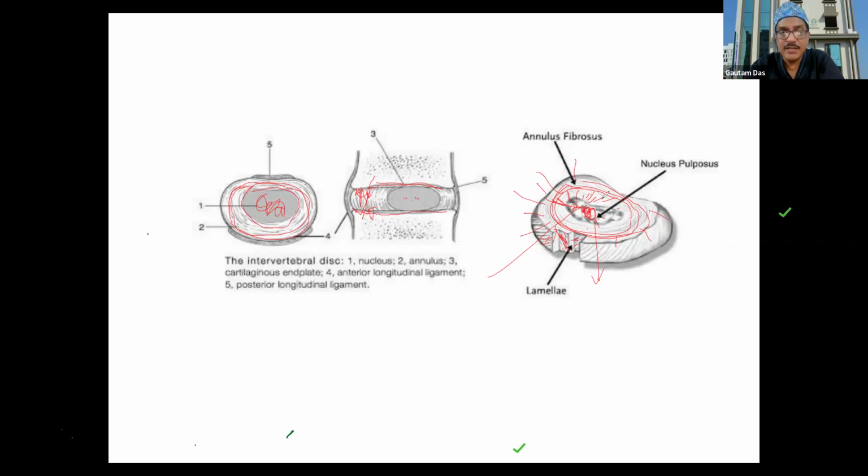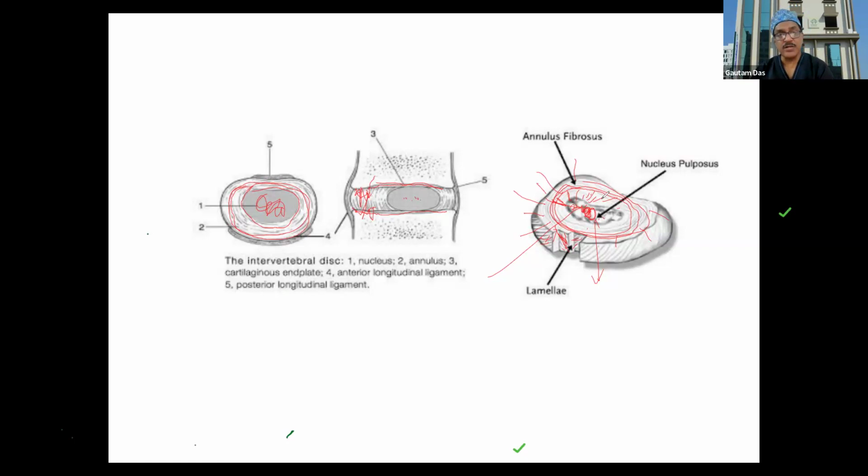Why well hydrated? Because a lot of glycoprotein molecules are there. But in an elderly, the chondrocyte cell number will decrease, less glycoprotein molecules, so less water. In an elderly, on MRI you will see that most of the disc is dehydrated, less water. So this condition is known as aging of the disc.